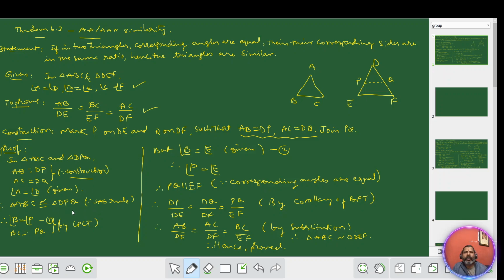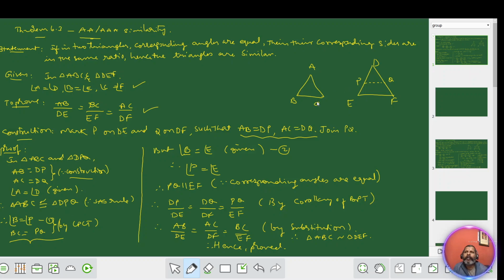Once we have the congruency, we can get the CPCT, that is, B and P are equal, BC and PQ are equal. Why do we need this? Because we want to show DPQ and DEF by BPT theorem, we have to apply that. So for that we assume the remaining two, one angle and one side, BC and PQ are equal.